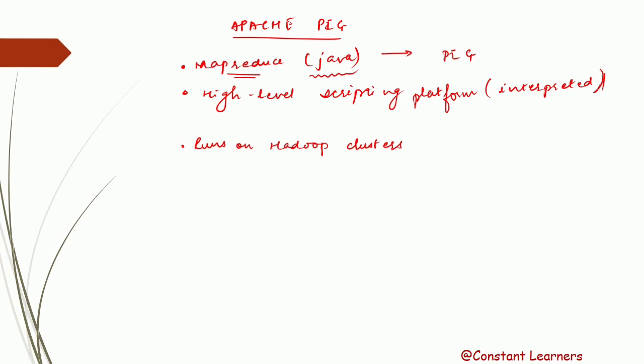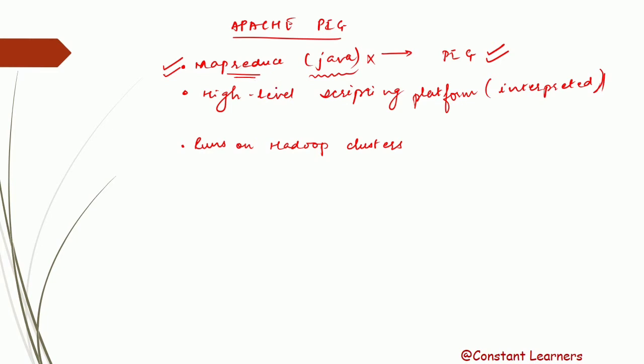Now in MapReduce, when the data was small, everything was very smooth. But when the data started increasing, the speed of the incoming data started increasing, it got extremely complicated to use MapReduce. Then it wasn't feasible to use MapReduce, and then Pig was created. Pig came into existence.